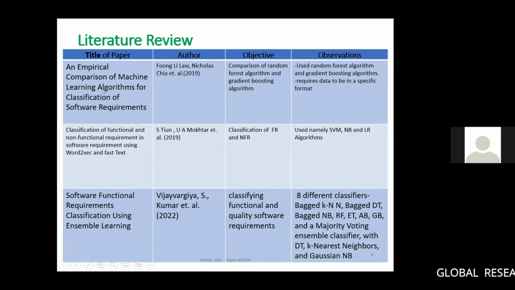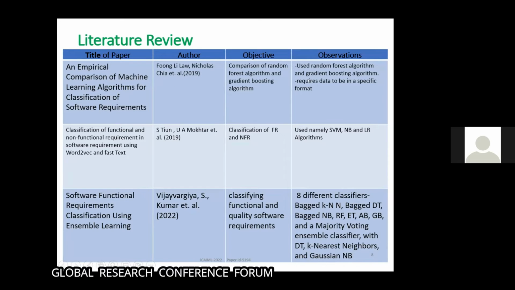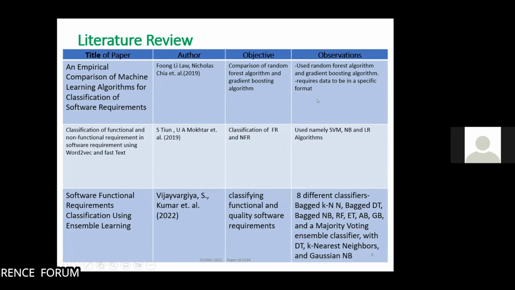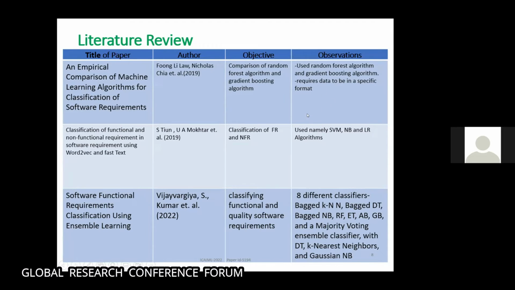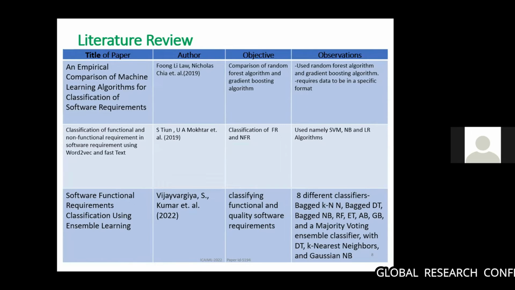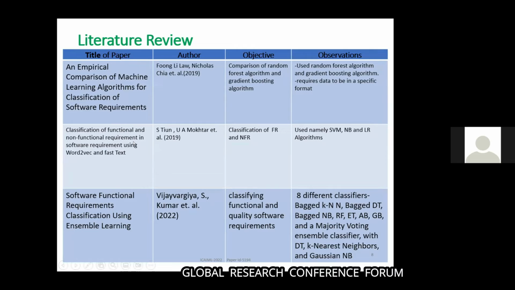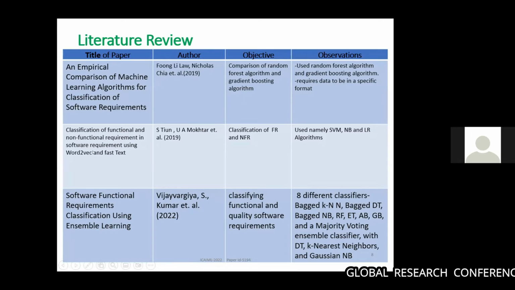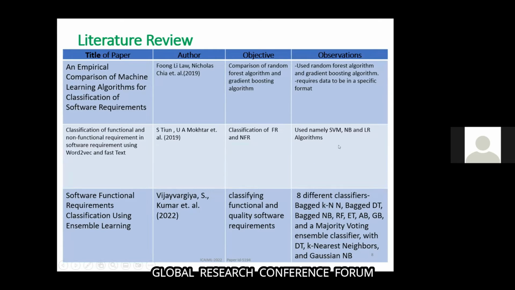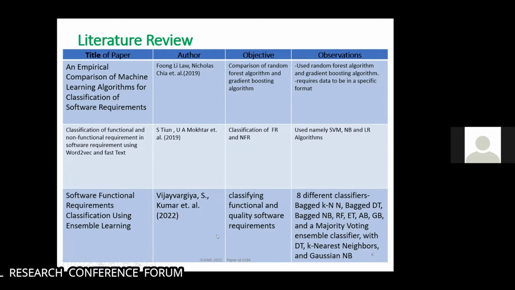Then there is again a comparison of machine learning algorithms for the classification. They are using the random forest and gradient boosting algorithms, and they are in need of a very specific data format, restricting themselves to the existing data set they are using. Next, classification of functional and non-functional requirement: again, word2vec and fastText vectorization techniques are used with respect to the SVM, NB, and LR algorithms for the classification purpose.